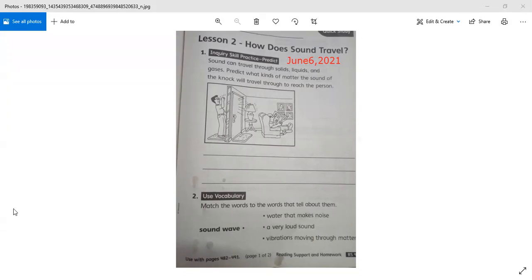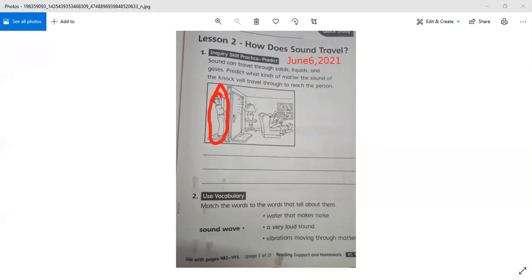If you can see here, how many persons do we have here, Kinda? 2. Okay. The first one, what is he doing? He's out, and he is knocking on the door.